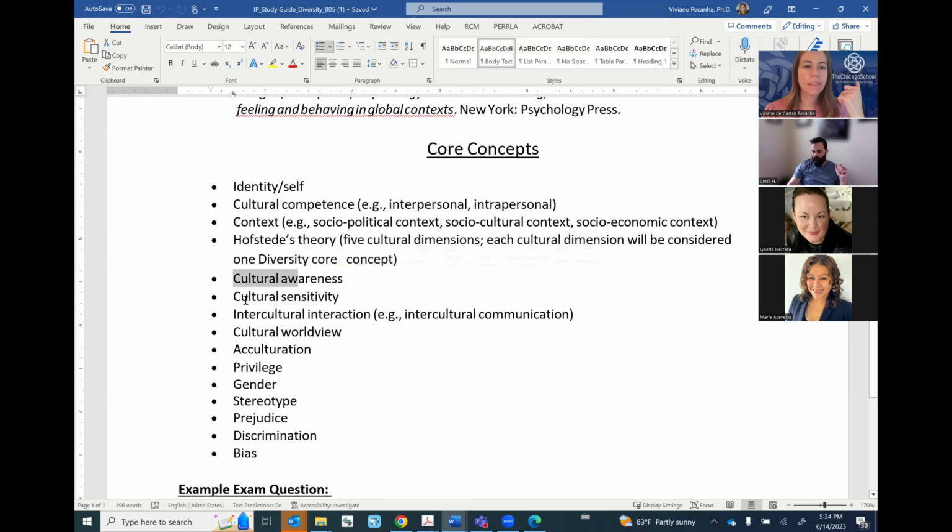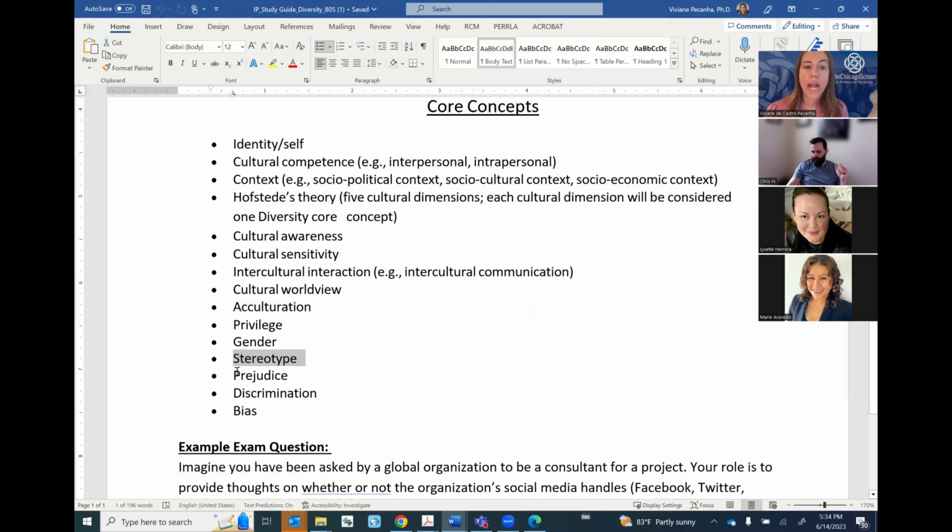Cultural awareness, cultural sensitivity, intercultural interaction, which includes, for instance, intercultural communication, cultural worldview, acculturation, privilege, gender, stereotype, prejudice, discrimination, and bias.